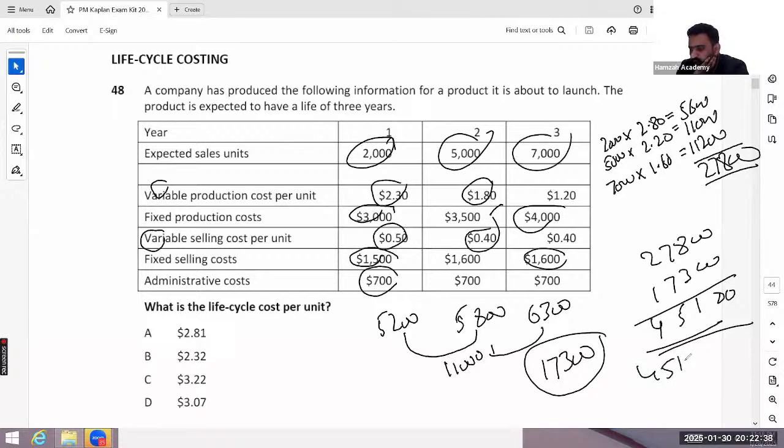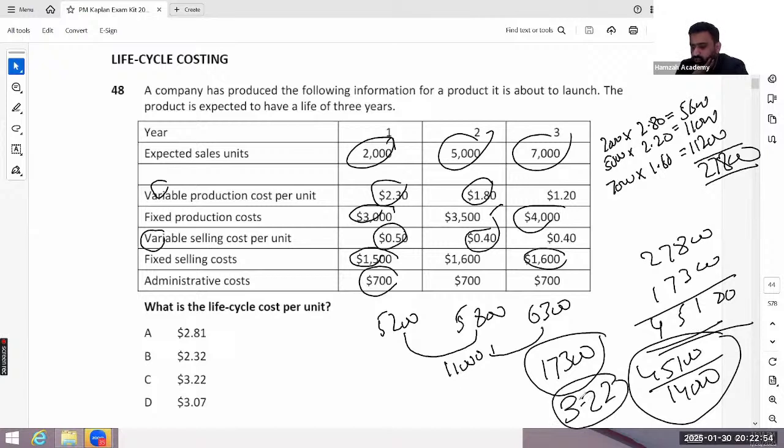So 45,100 divided by 14,000 gives your cost per unit over the life cycle, and it will be 3.22. So option C is your answer. Got it? Yes, students. Any questions?